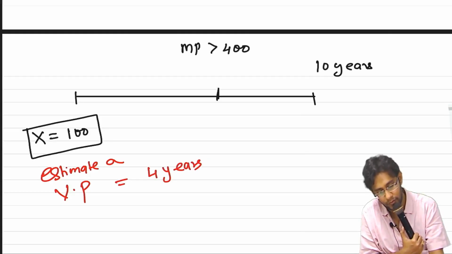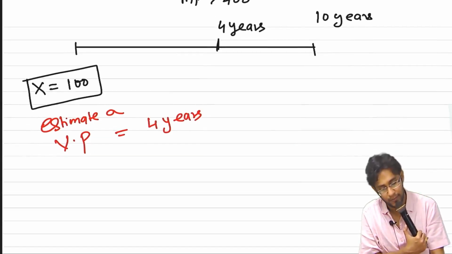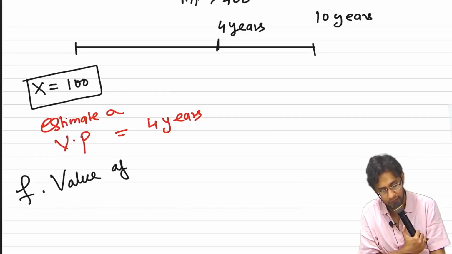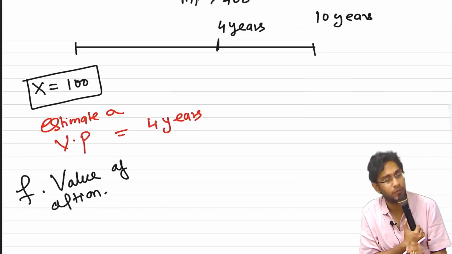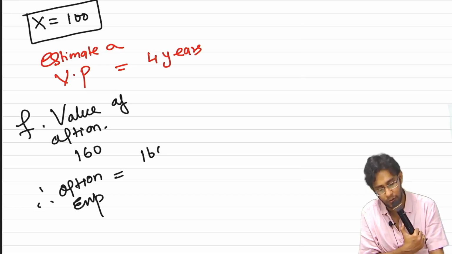So, 4 years is the estimated vesting period. Based on that only, they will identify the fair value of the option, let us say the fair value of the option is 160. Therefore, the option expense will be how much? 160 into 1 by 4, which is equal to 40 per annum.